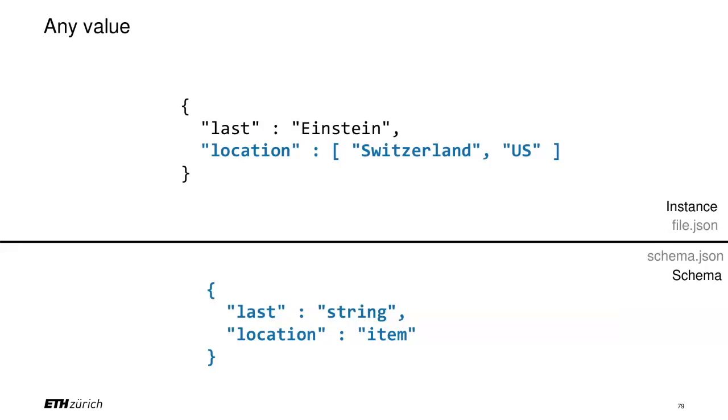In JSON, it's called item. When you say location item, it's a way of saying whatever, I don't care. Location can be whatever you want. It turns out here to be an array of strings, but since I said item, it can be anything, right?